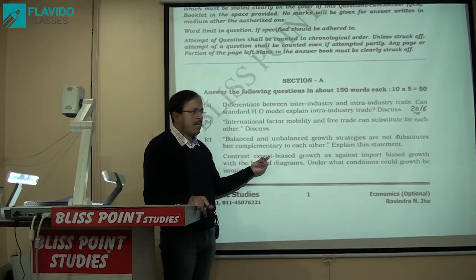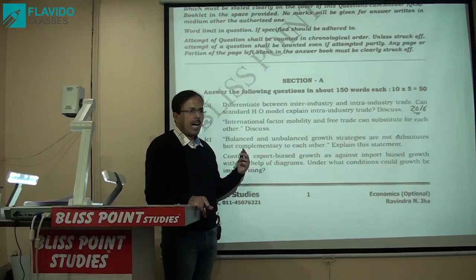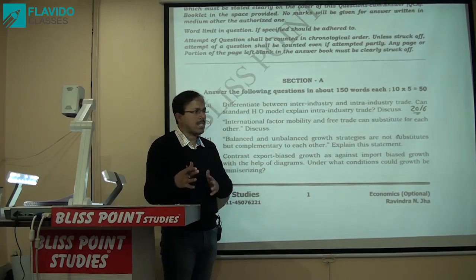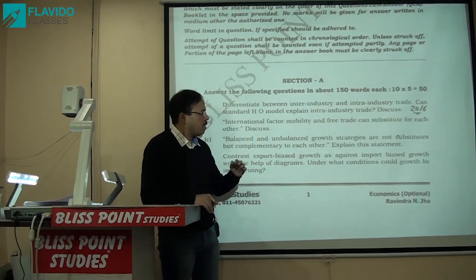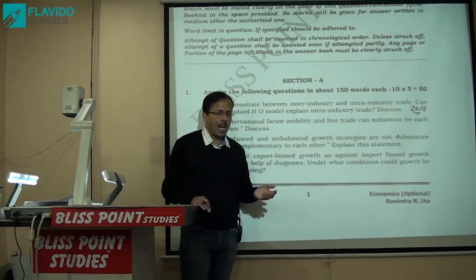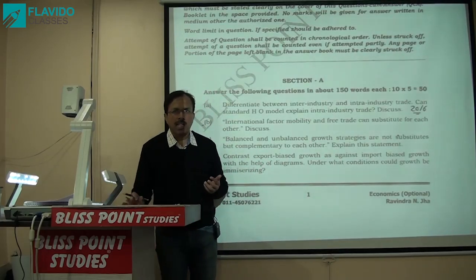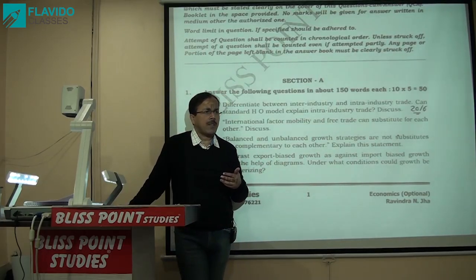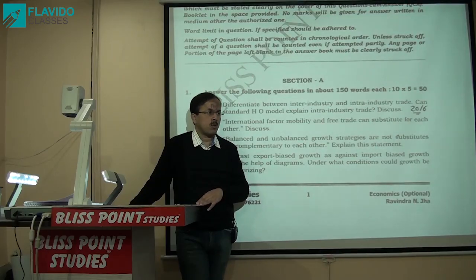If cloth is labor intensive and a technological change occurs which increases productivity of labor more, then it is cloth biased growth. It is biased towards that sector. If food is land intensive and technological change increases productivity of land more, then it is food biased growth.